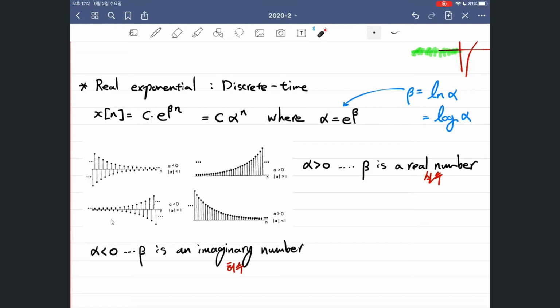So therefore, C times alpha to the n is more likely to be seen as a real exponential, because you don't want to put the imaginary number here to confuse the others.